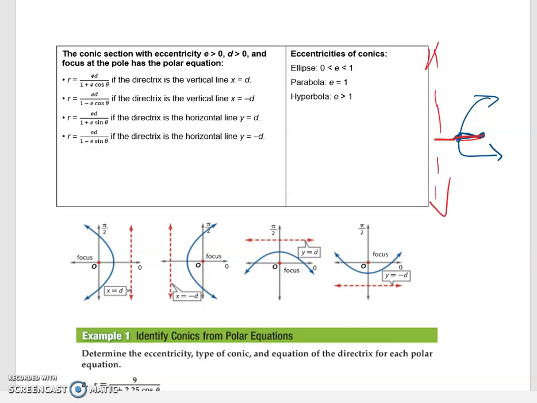And so that's what we're determining as far as directrix goes. We have examples down here at the bottom of having a directrix with our parabolas. But again, the forms of the equations are not going to change dependent upon what kind of conic we have.